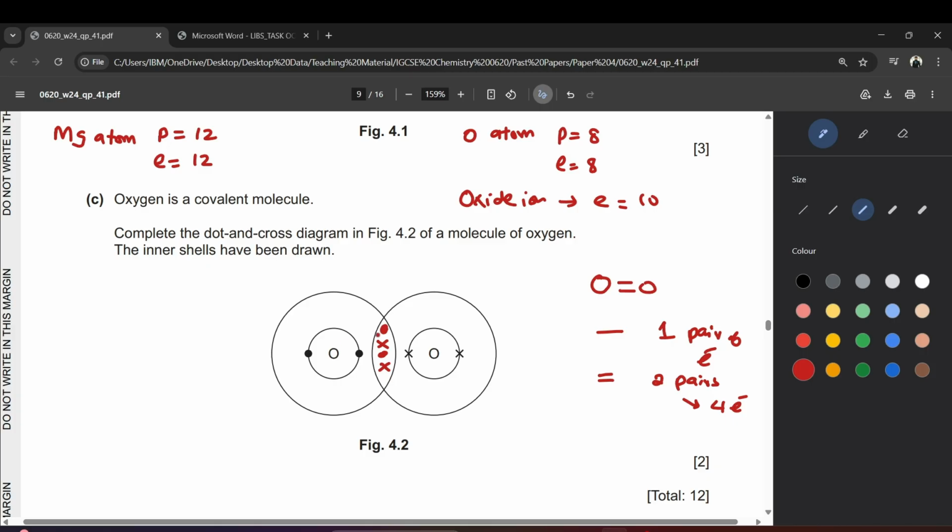Now 4 electrons are already here, so I have to draw the remaining 4, because you can only have a maximum of 8 electrons in the second shell. Similarly, I'm going to draw 4 more crosses. So if you consider this atom as a whole, there should be a total of 8 electrons in this outer shell. And the same goes for this one as well.